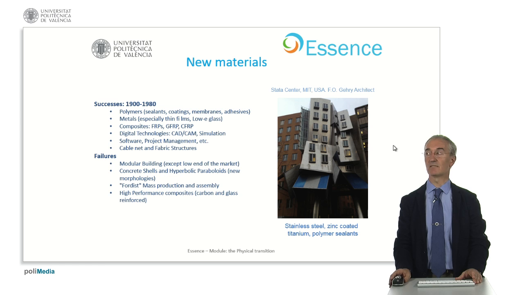The new materials, very fancy as you might see in this MIT building, although it's not very sustainable, are providing both polymers, metals, and composites. All in all, they are integrating all the different functions together through a matrix and some functional elements.